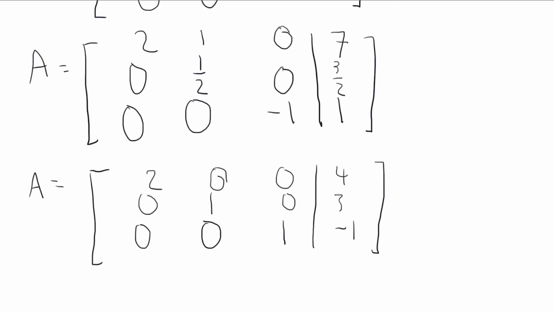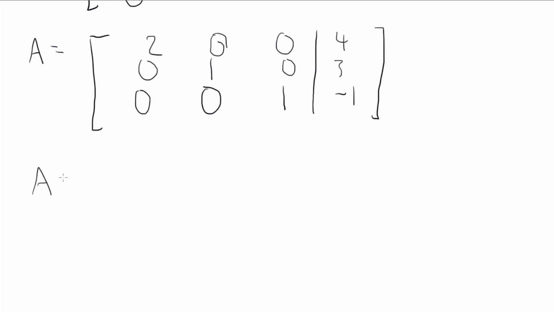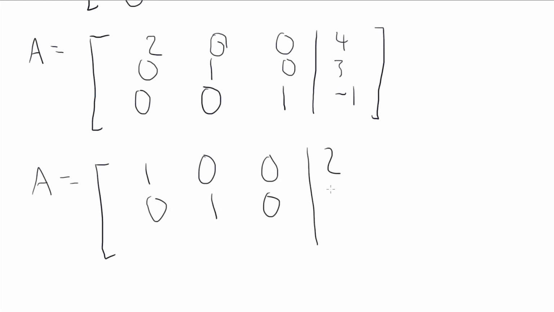Now what if we divide line 1 by 2? We have A is equal to this matrix. So divide line 1 by 2, we get 1, 0, 0, 2, 0, 1, 0, 3.